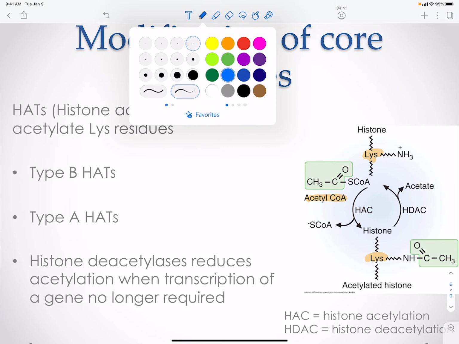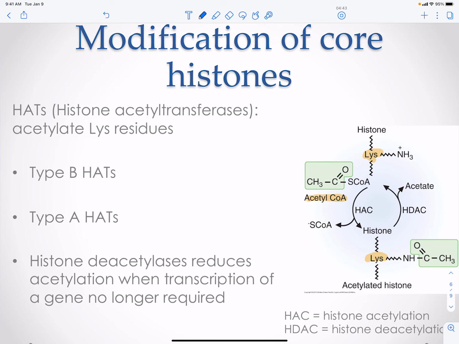Now we have 2 types of HATs. We have our type B, and this is going to acetylate in the cytosol before the histones go back into the nucleus. And so we have our type A, and this is going to further acetylate in the nucleus.